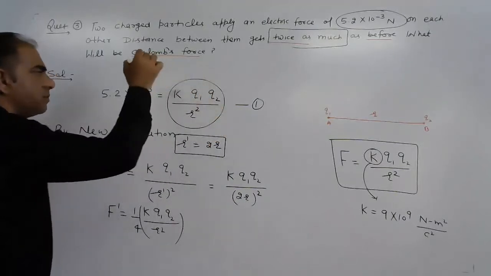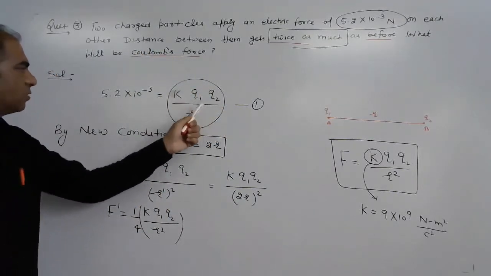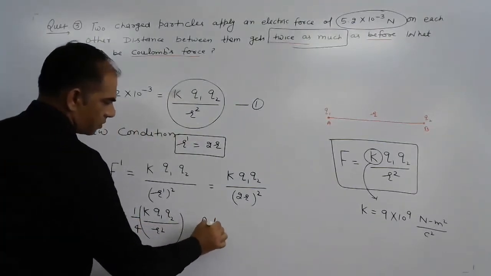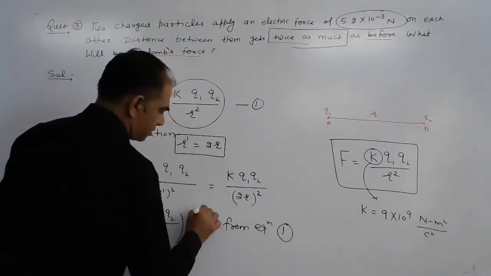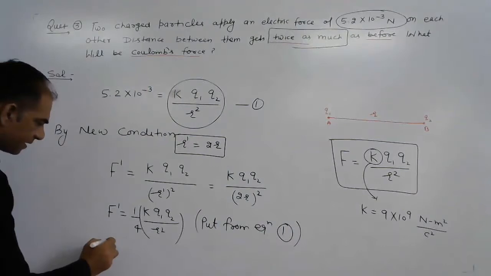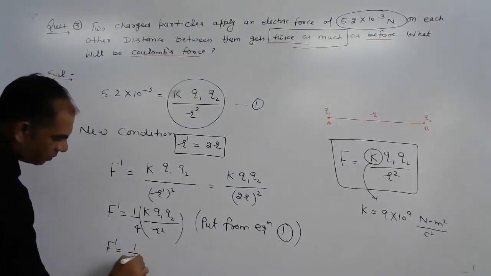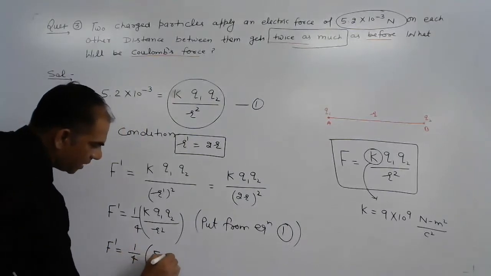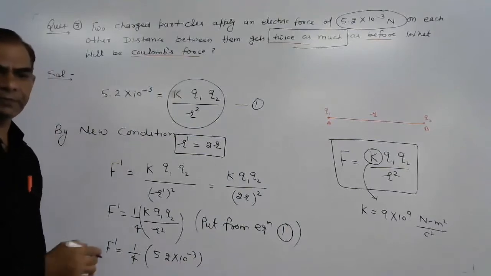From the first equation, the value of K q1 q2 / r² is this. Put it here, from the first equation, then F dash is equal to 1/4 times 5.2 × 10^-3.